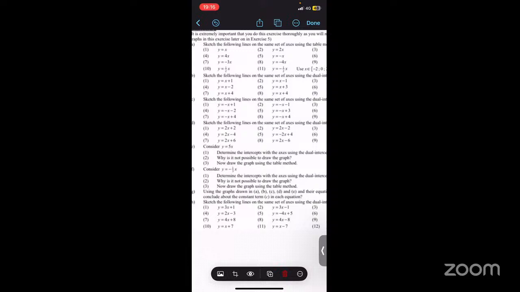When you are expected to sketch a graph using the table method, you're going to pick five x values, and then make use of the formula to calculate the y value using the x that you have picked, to place the points on the Cartesian plane and connect them in order to draw a graph.